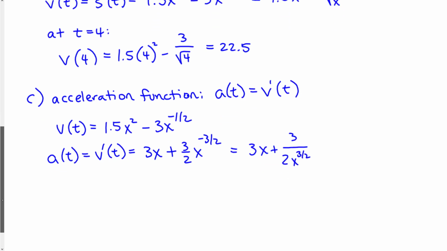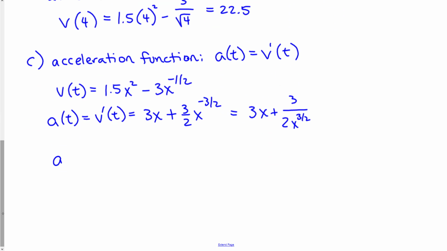Okay, now evaluating this at t equals 2.5 seconds will give me the acceleration at that particular point in time. So 3 times 2.5 plus 3 divided by 2 times 2.5 to the 3/2 power.